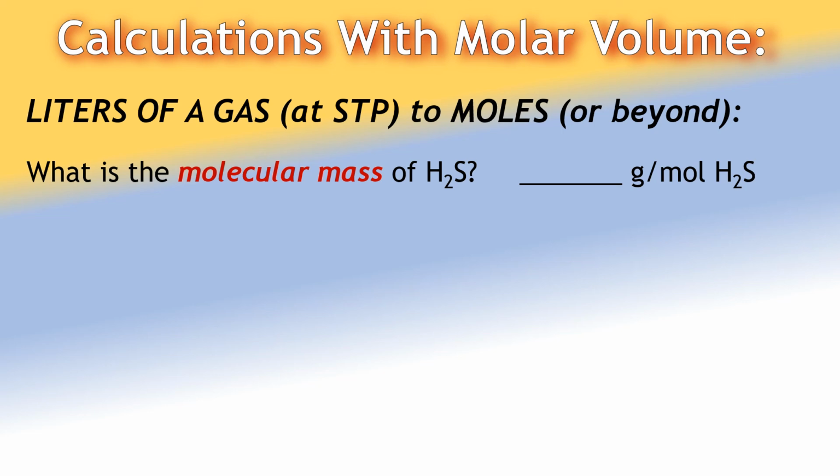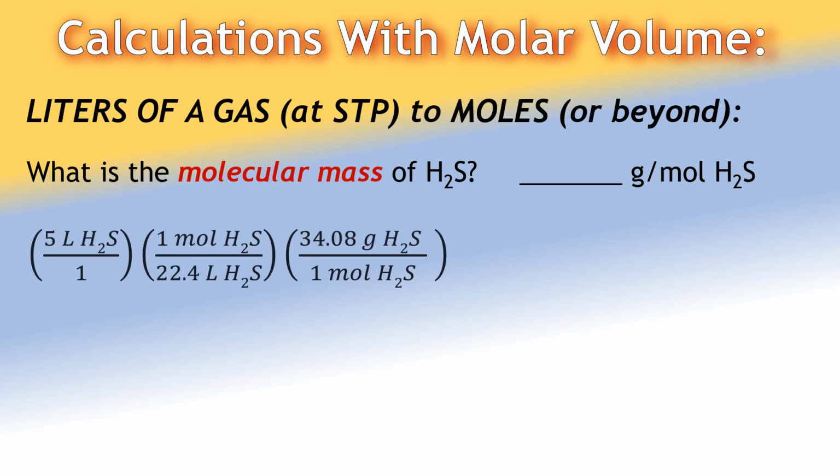We can also go to grams. We can figure out the number of grams by going liters to moles to grams. The molar mass of hydrogen sulfide is the mass of 2 hydrogens, 2.008, plus the mass of 1 sulfur, 32.06. We add them all together, and it will be 34.08 grams for every mole. So if we're given 5 liters of hydrogen sulfide, we use the molar volume to convert that to moles.